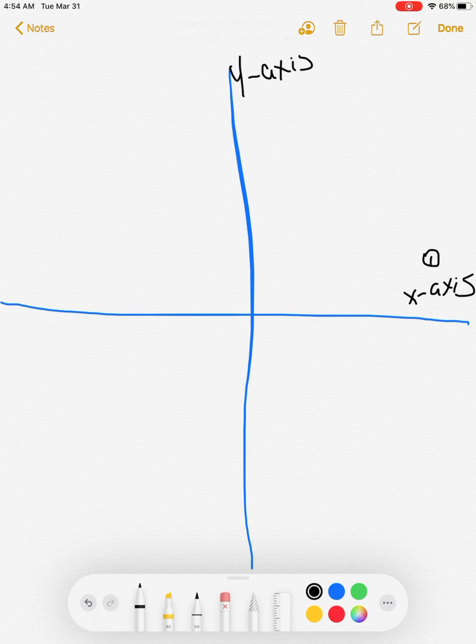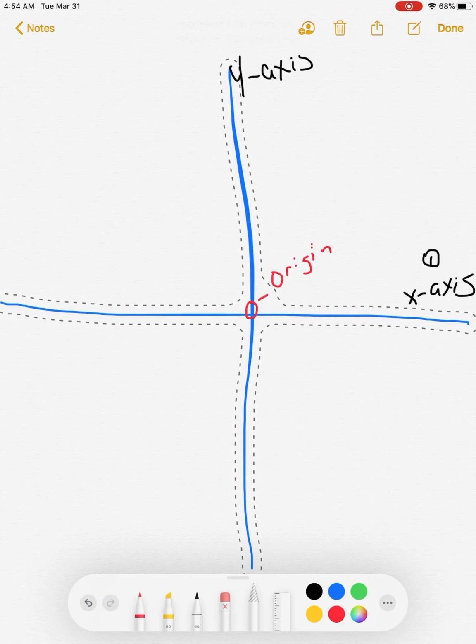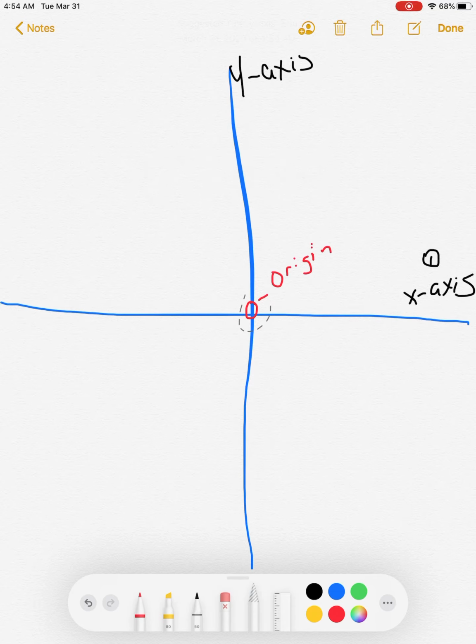When you're plotting on a coordinate grid, this mark here is where the 0 belongs. The 0 is also called the origin. This is where everything begins, where everything crosses. At the origin is the place where the x and y axes cross each other. This is where they meet.